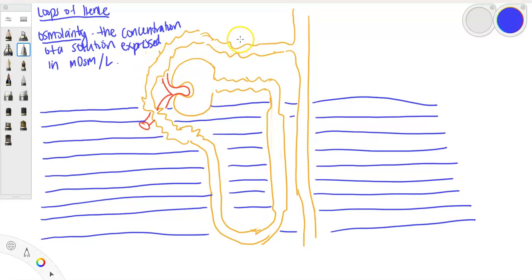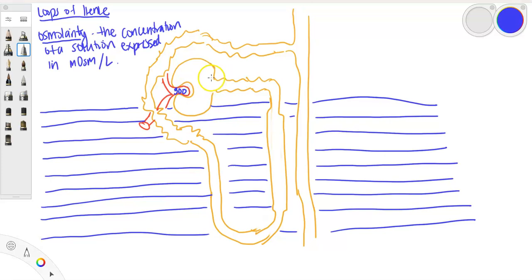So as we're going into the loops of Henle, now we're starting to prep the filtrate to become urine, okay? So when we talk about osmolarity and the amount of stuff that's in there, the blood is at about 300 milliosmoles.